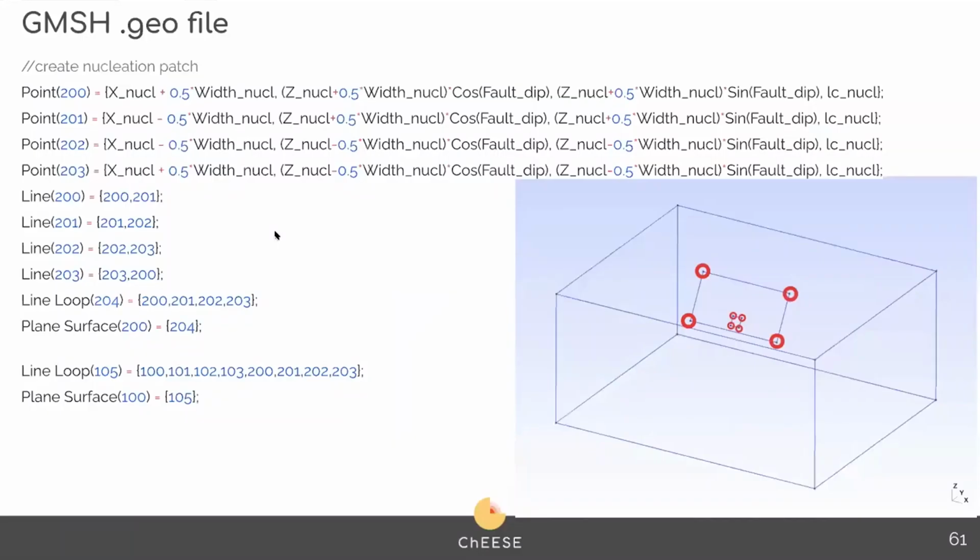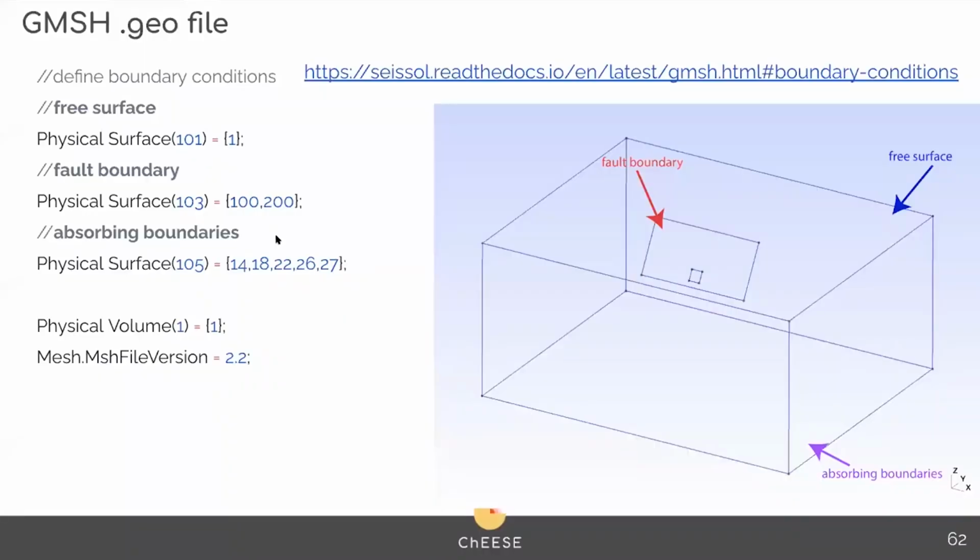So when you have the surfaces ready, the next step is to define the boundary conditions that will be used in SeisSol. SeisSol identifies 3 types of boundary conditions: the free surface, the fault boundary, which will have the dynamic rupture, and the absorbing boundaries.